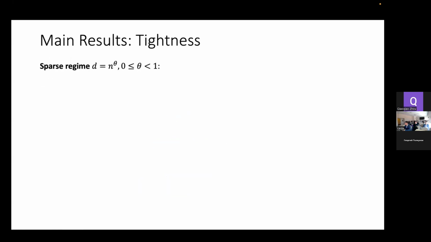Since we call ourselves generalized group testing, can our result recover the classical result in the classical setting? For the classical testing functions, the scaling law is d log n.